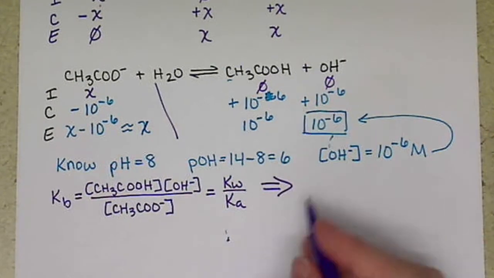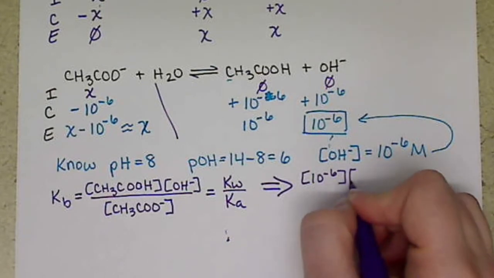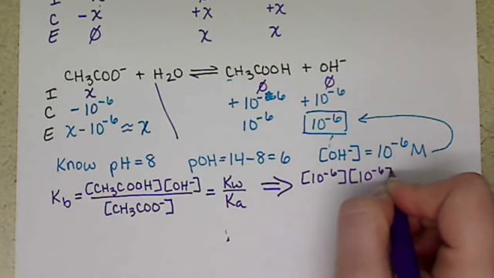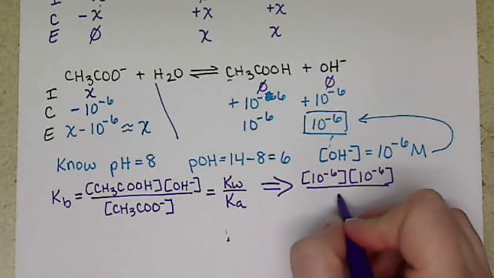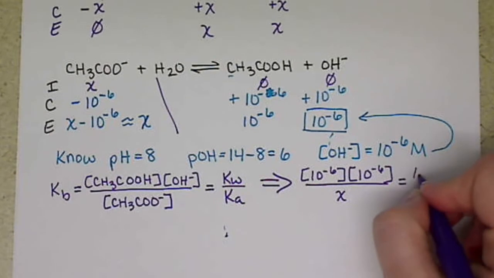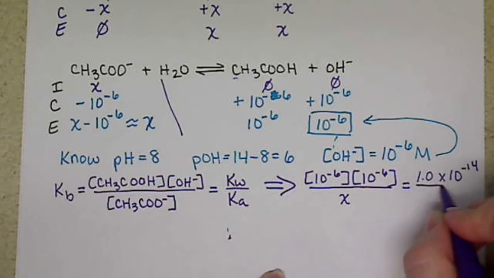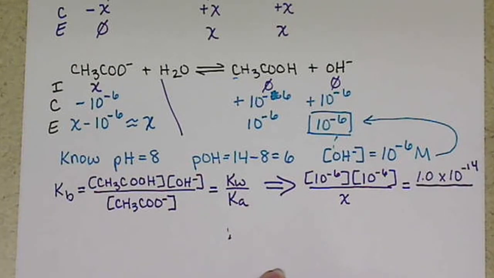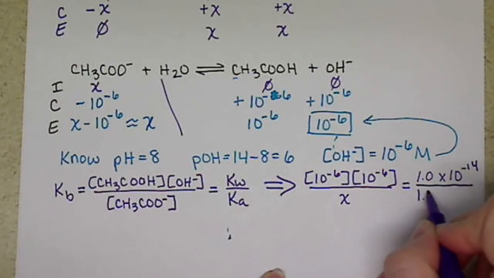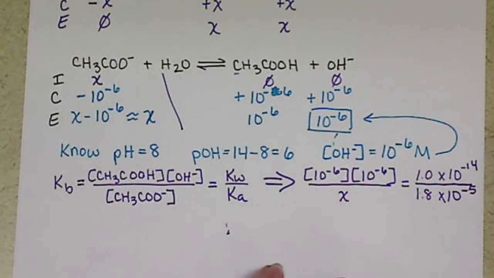So if we plug in some values here, we're going to have 10 to the negative 6 times 10 to the negative 6 divided by x is going to equal 1.0 times 10 to the negative 14. That's our Kw value divided by Ka, which is given. We have 1.8 times 10 to the negative 5.